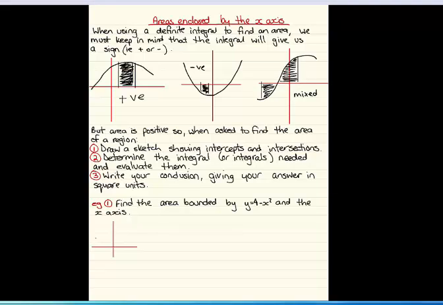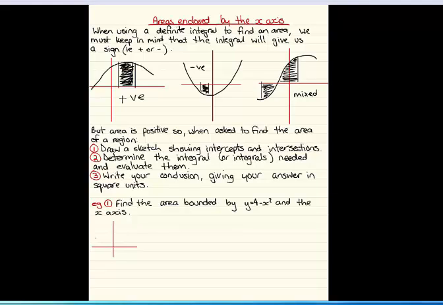So you need to draw a sketch first, and I want you to show the really important things like the intercepts and intersections, because on the more complicated ones, they're not going to tell you where to start and finish. You're going to have to figure that out. So you need to work out those intercepts or intersections of the curves.